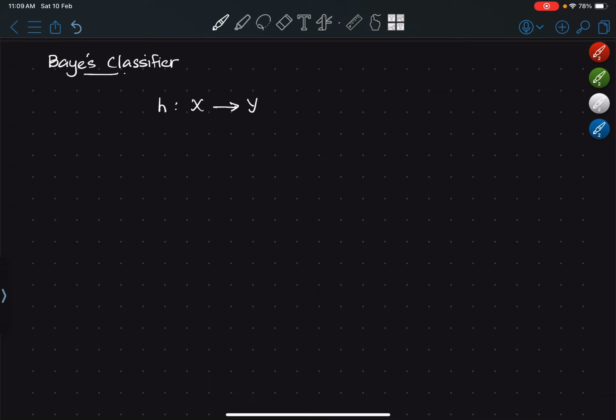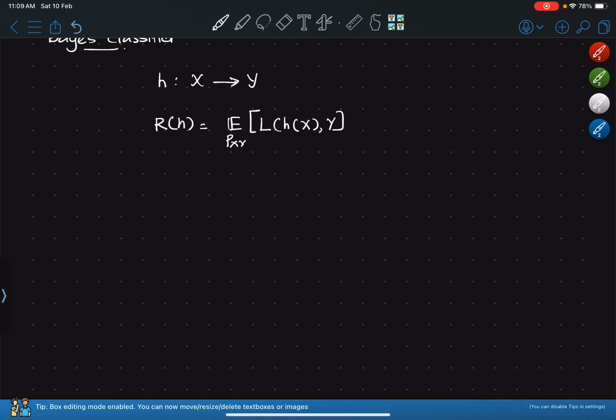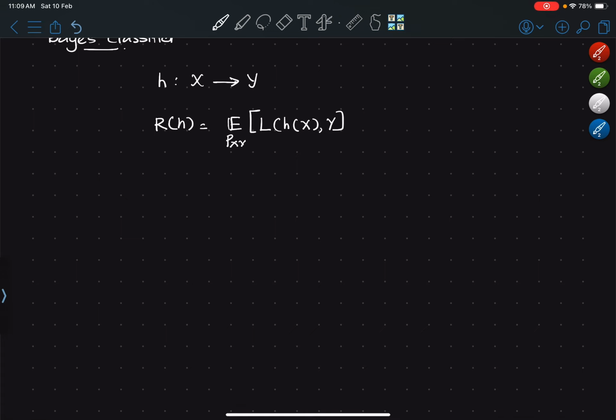It turns out to be what is known as risk, R of h, which is the expectation over the distribution pxy of the loss between h of x and y. So we want a hypothesis which minimizes this objective function, right?